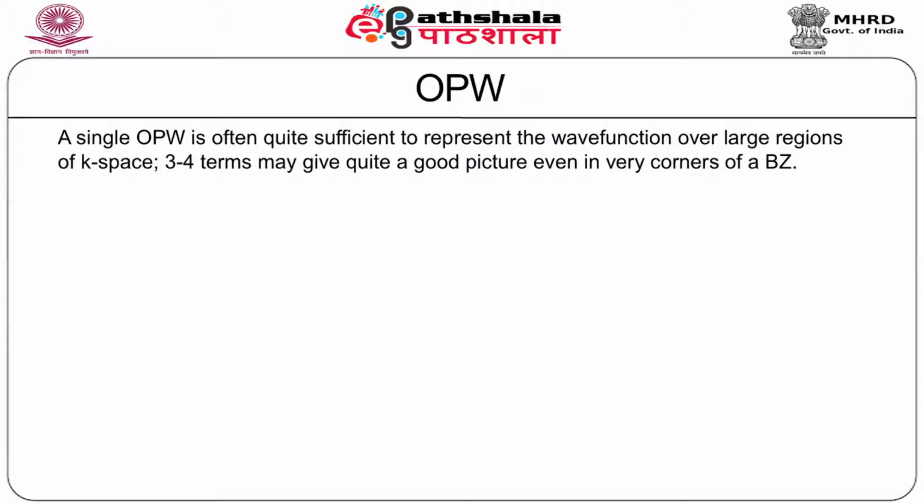A single OPW is often quite sufficient to represent the wave function over large regions of K-space. 3 to 4 terms may give quite a good picture even at the corners of a Brillouin zone. Now the question is, why is that?